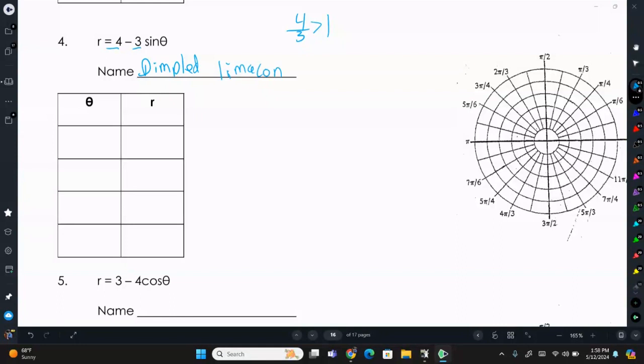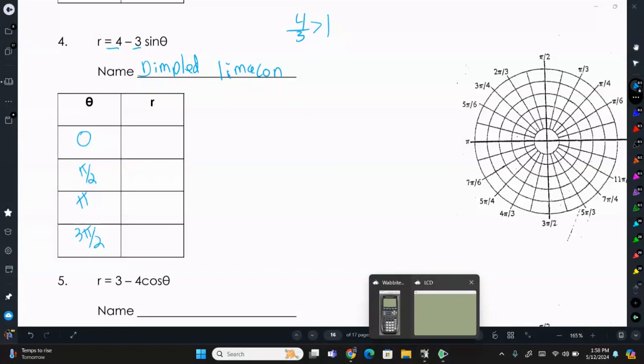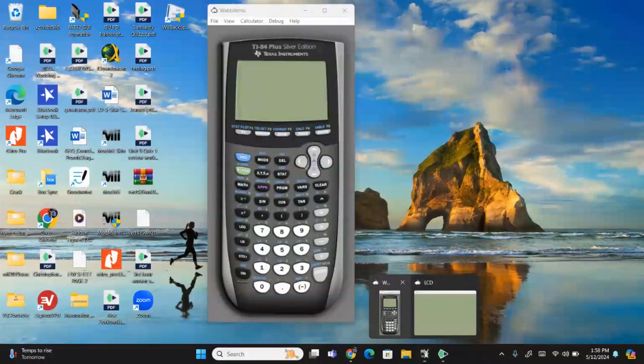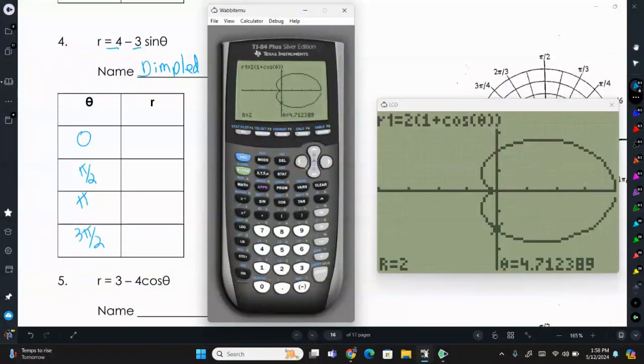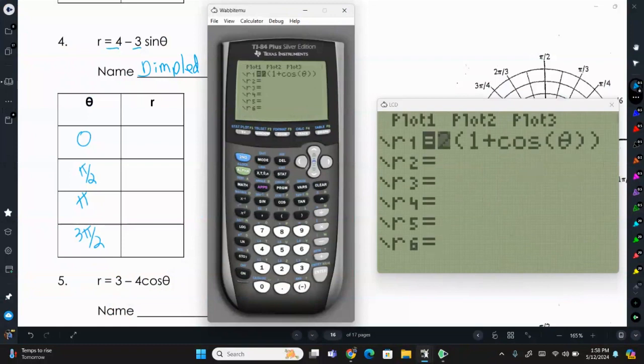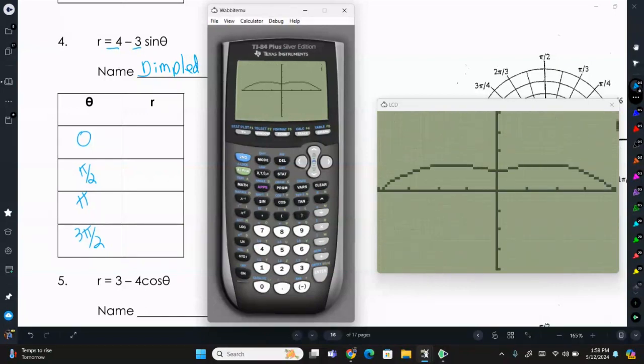Dimpled limaçon. So our theta values are 0, pi over 2, pi, and 3 pi over 2. So we'll go into our calculators and type in 4 minus 3 sine theta. Graph that.